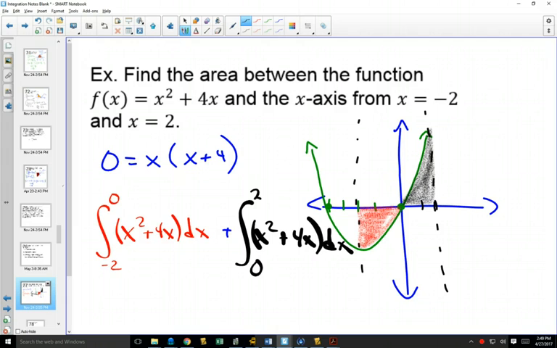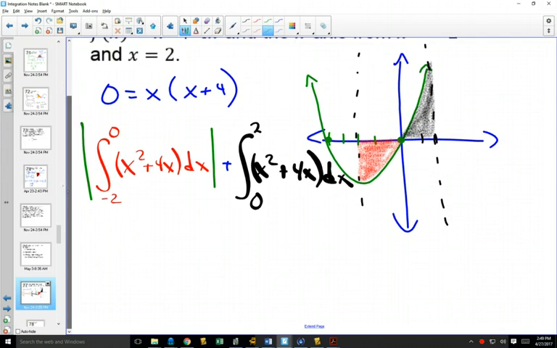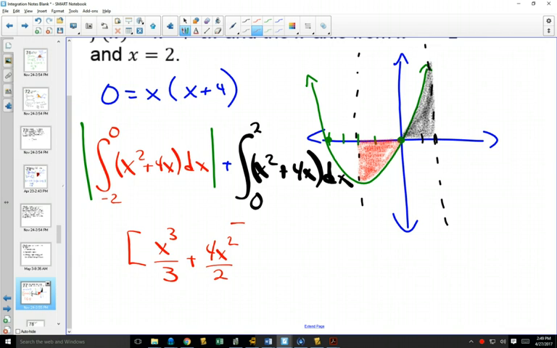What do we need to do to our red one? Add absolute value bars around that one, because that one's going to be negative. So our red one, we're going to have x cubed divided by 3 plus 4x squared divided by 2 from -2 to 0.